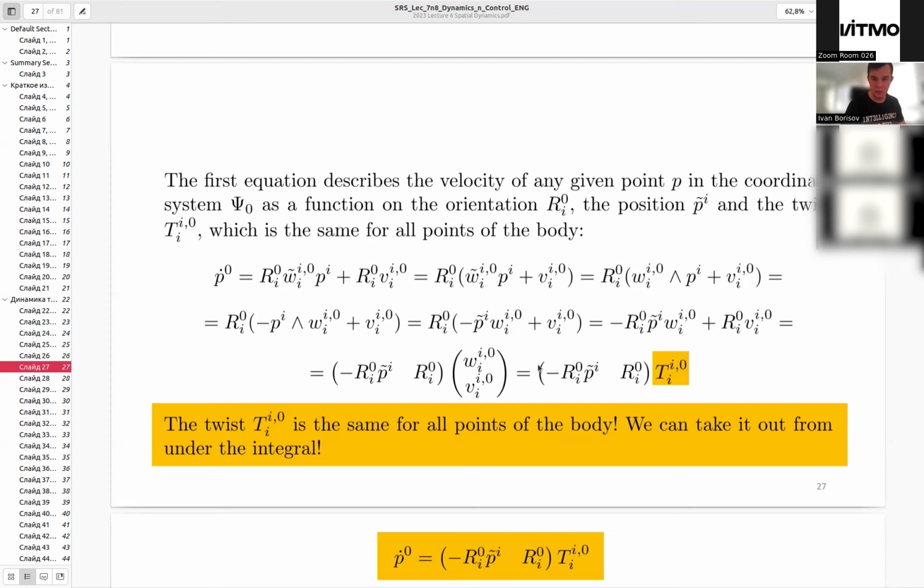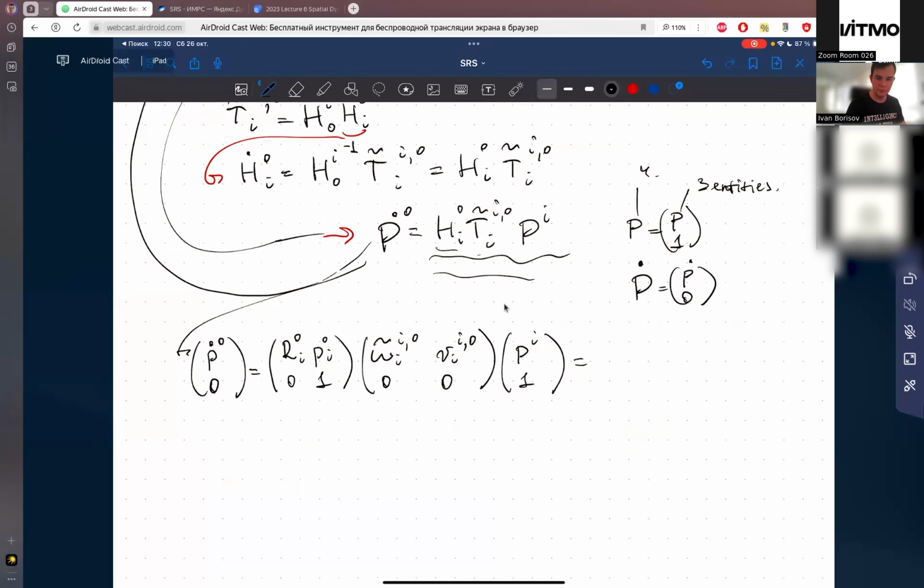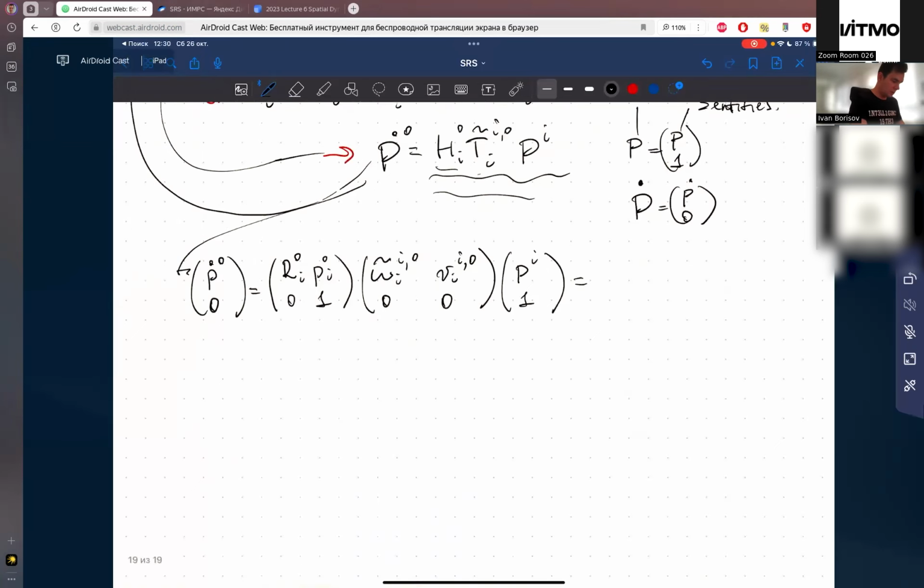So p dot 0 is equal to the rotation matrix R 0,1, then the skew-symmetric representation of p_i, R 0,1 times t I0 I.